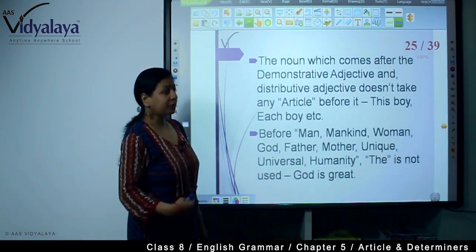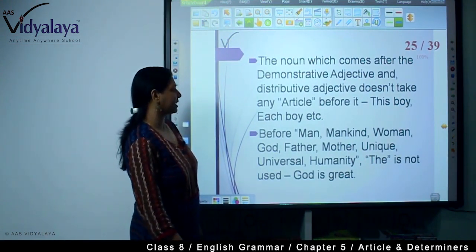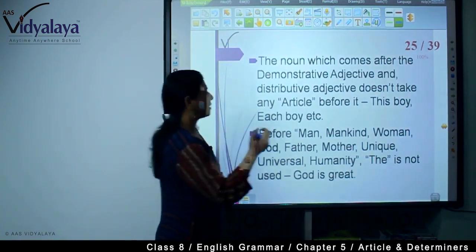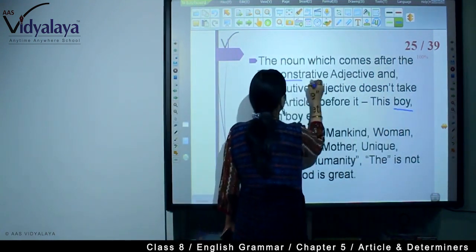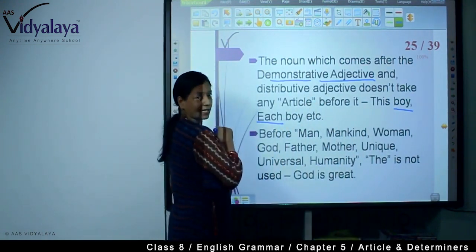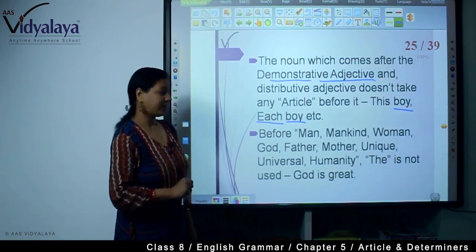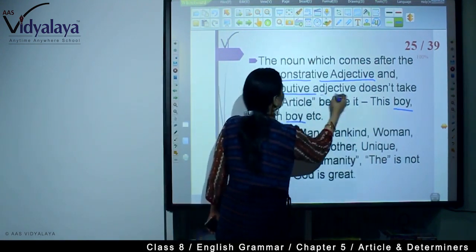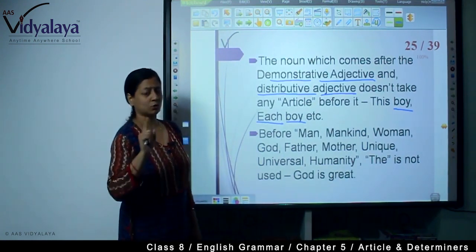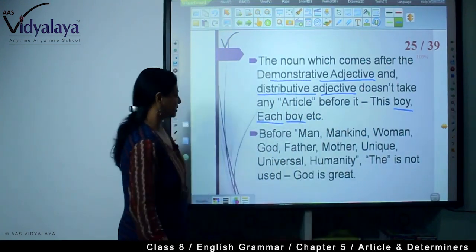The noun which comes after a demonstrative adjective or distributive adjective does not take any article. This boy: the noun is boy, this is the demonstrative adjective, so no article. Each is a distributive adjective, and the noun is there, so we haven't used an article. We haven't written each a boy or this a boy.